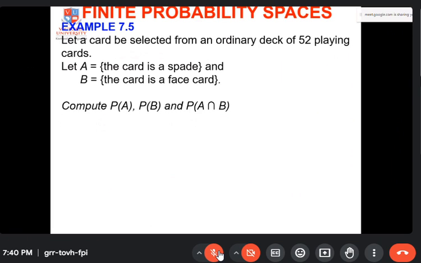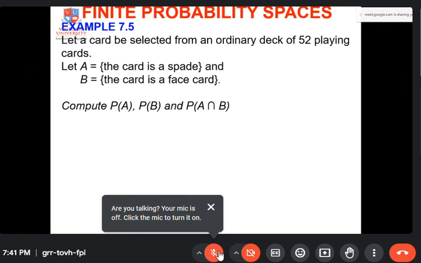A face card, we said, is a picture card. Then A is the event that it is a spade. Can someone compute the probability of A? What is the probability of A?